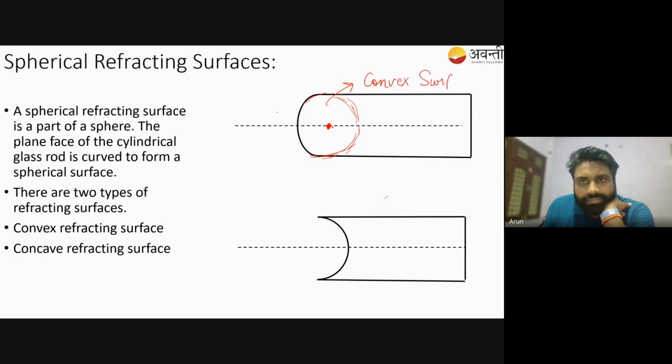It is a convex refracting surface. And if the center of curvature lies outside the surface, then it is termed as concave refracting surface.